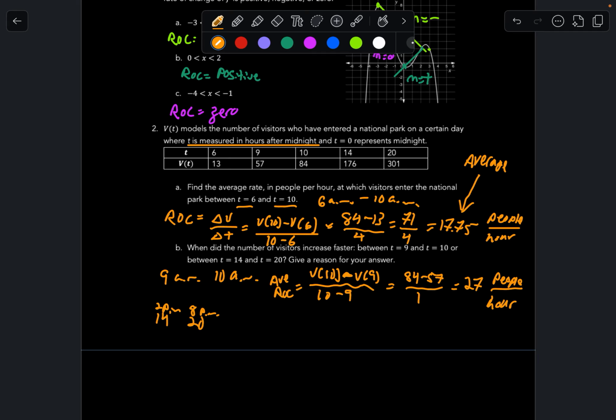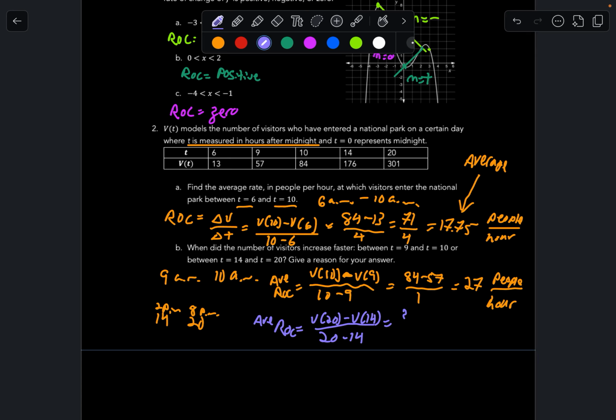All right, between 2 p.m. and 8 p.m., or between hours 14 and 20, the average ROC would simply be V of 20 minus V of 14 all over 20 minus 14. V of 20 is 301.